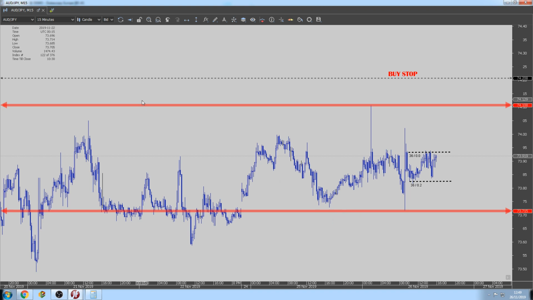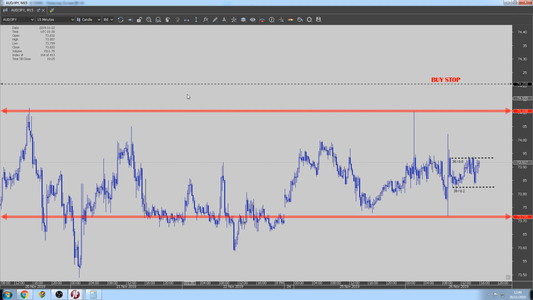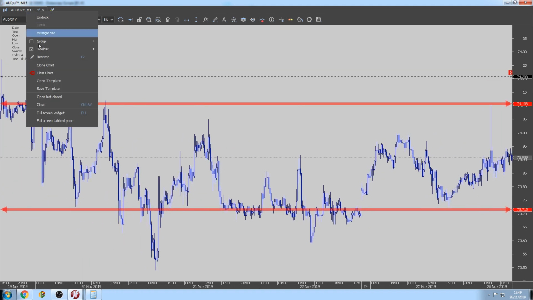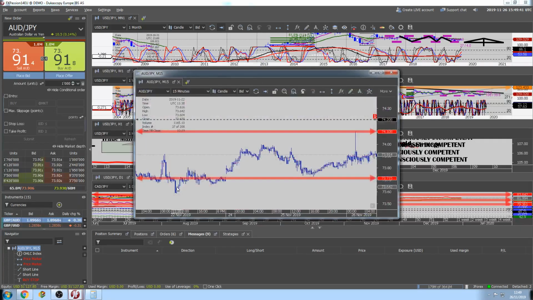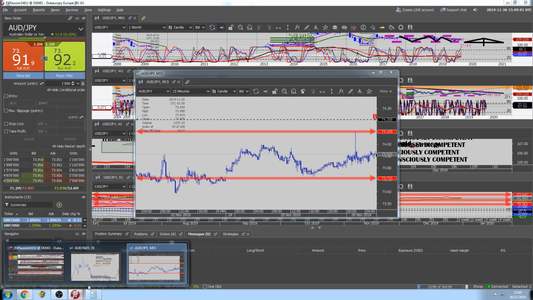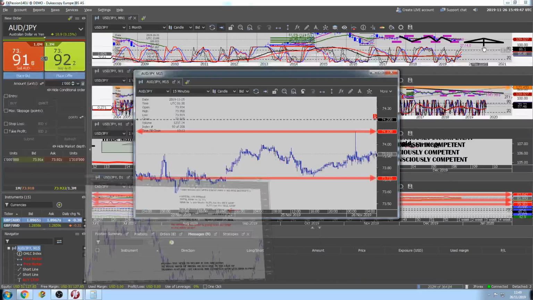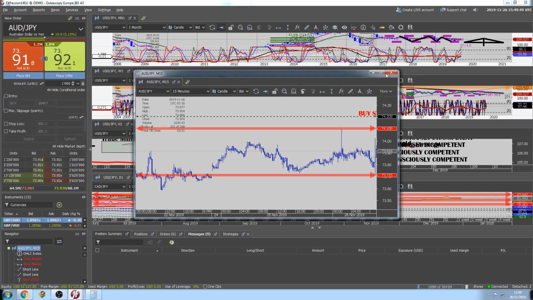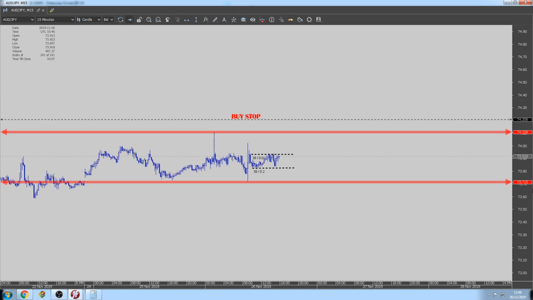Accepted, I don't see. Oh, where is the entry? It should appear on the chart. Maybe in this one. Oh, this is AUD NZD, AUD JPY. Where?